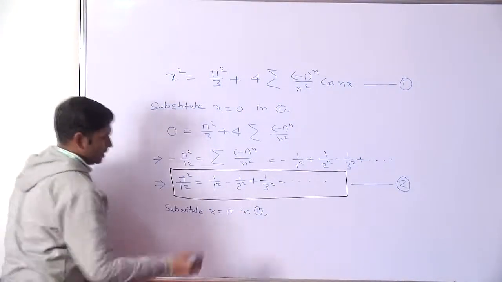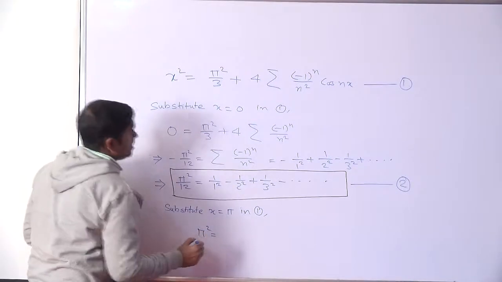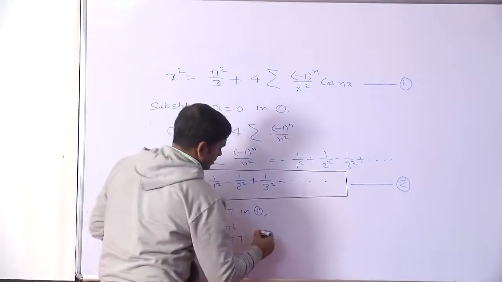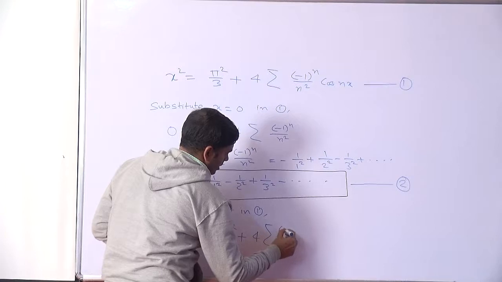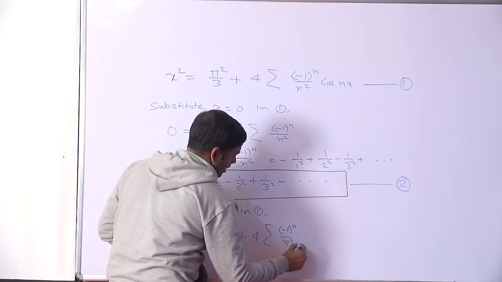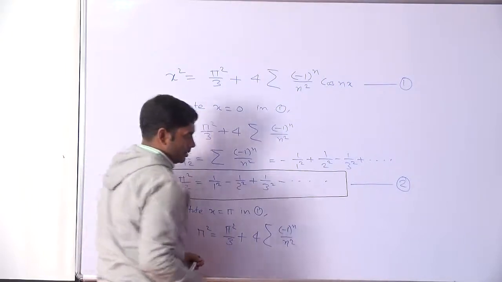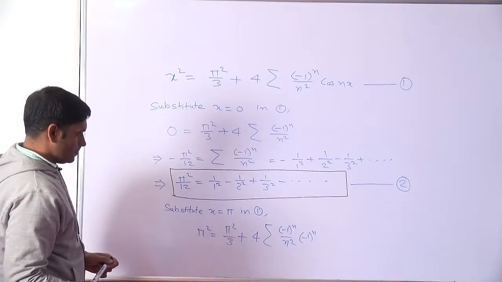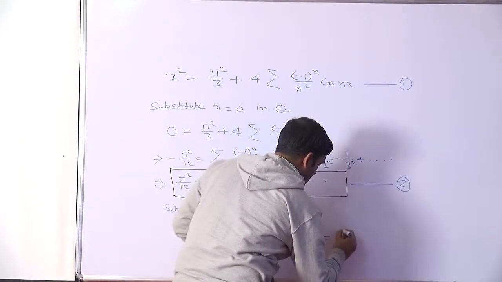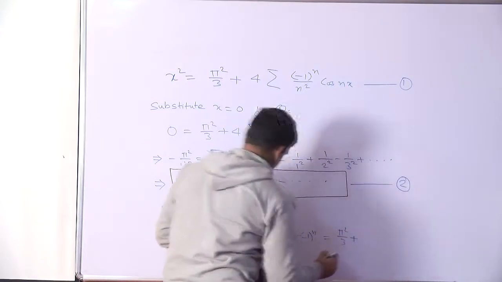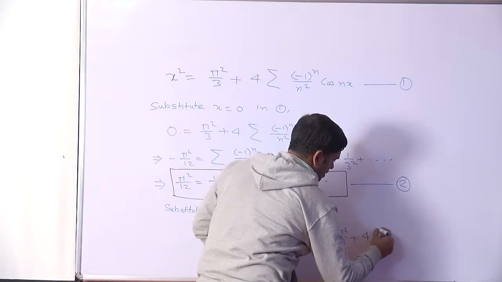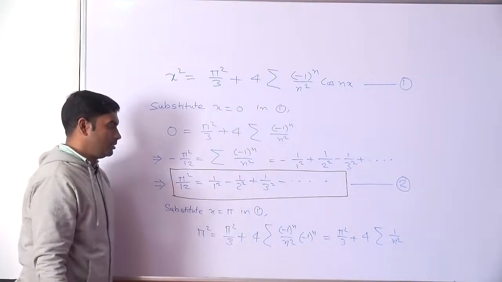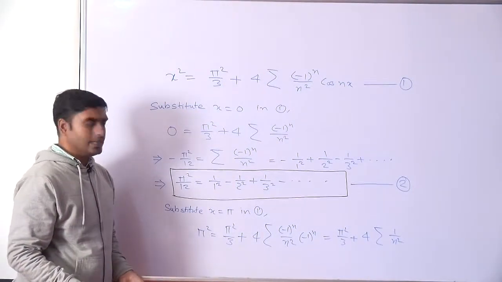Then we get π² = π²/3 + 4 Σ (-1)^n/n² cos(nπ). So cos(nπ) is (-1)^n, so this is π²/3 + 4 Σ 1/n², as (-1)^n times (-1)^n will be (-1)^2n, and that is 1.